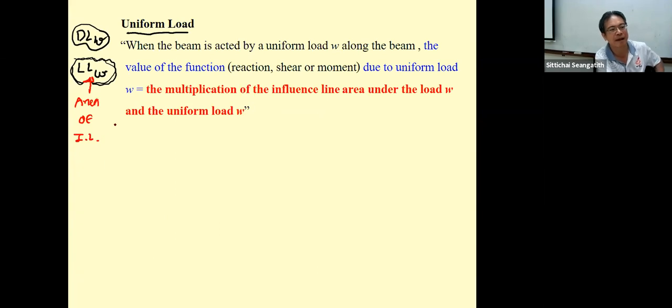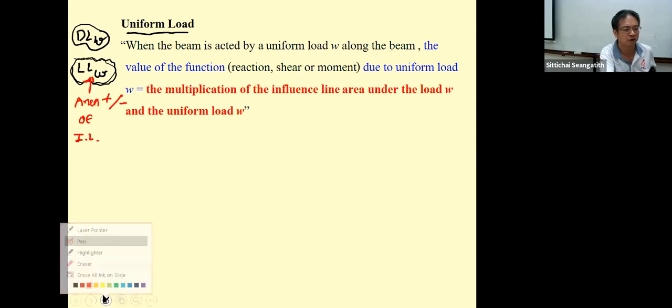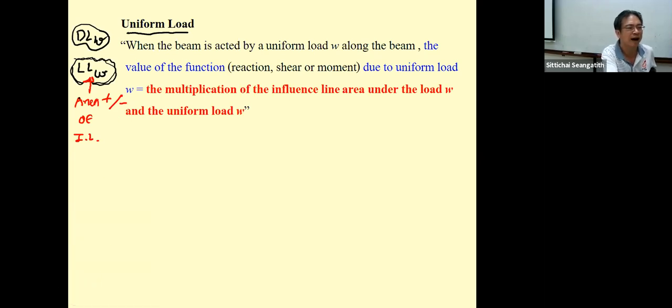The area can be the positive area or the negative area of the influence line. We use the positive or negative area, with the maximum area controlling or influencing what we are determining. And for the beam acted on by a uniform load along the length of the beam, it depends on how long it is.